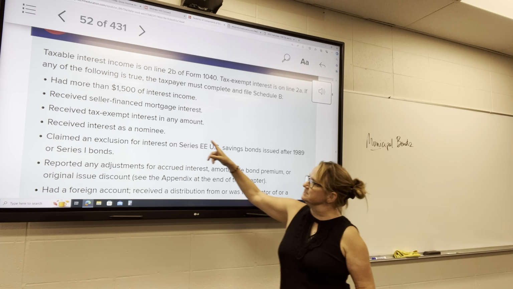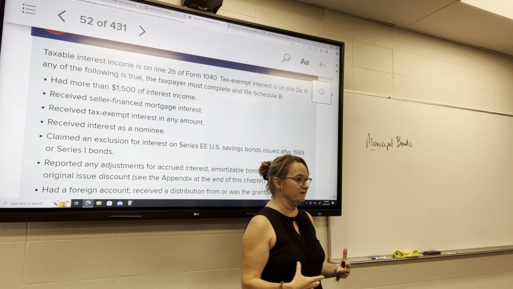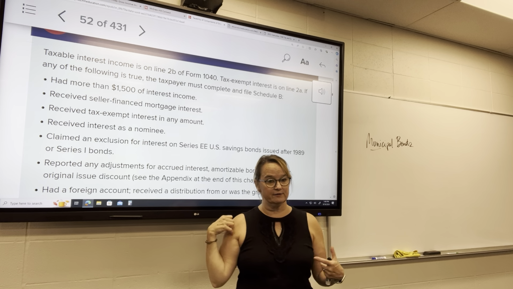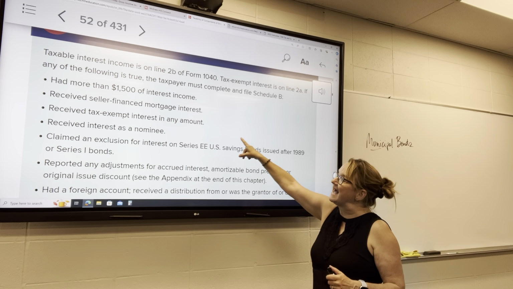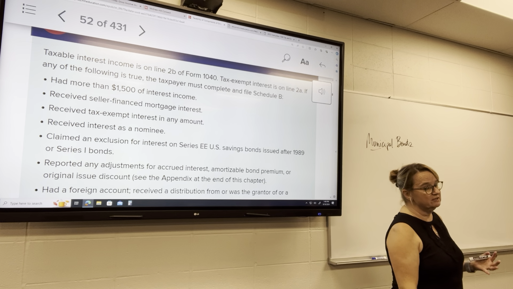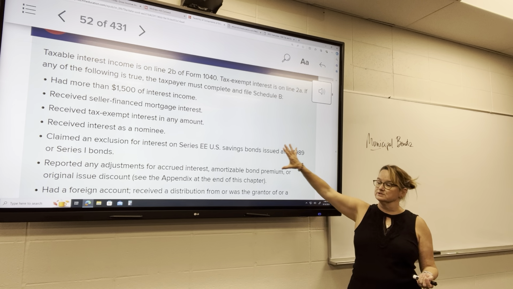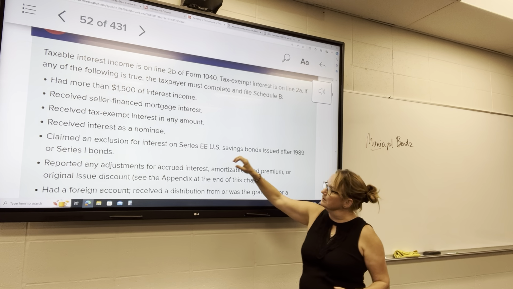If the individual received any seller financed mortgage interest, that example where it's a private mortgage, then they've got to file this Schedule B. If they received tax exempt interest in any amount, so even if it's just a few bucks, you've got to use the Schedule B and report it on there.